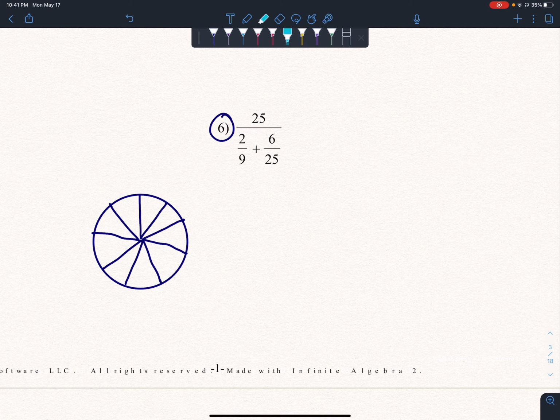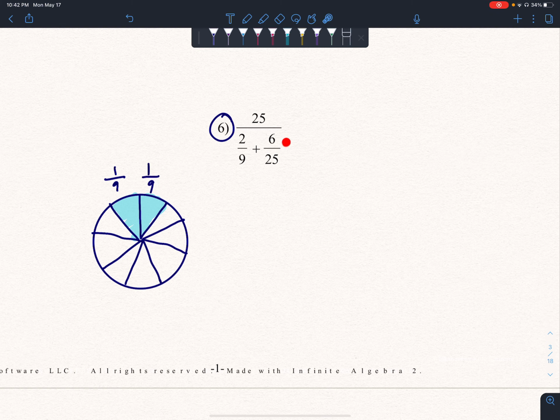They're not equally sliced, but my app can't do those. Okay, so the size of these slices is, it's a thing that was sliced up into 9 equal pieces. So the size of my slice here is 1/9. I have 2 slices of 1/9.